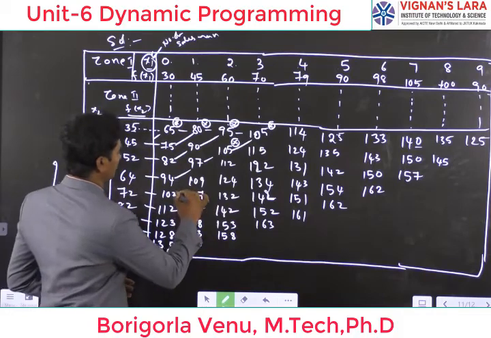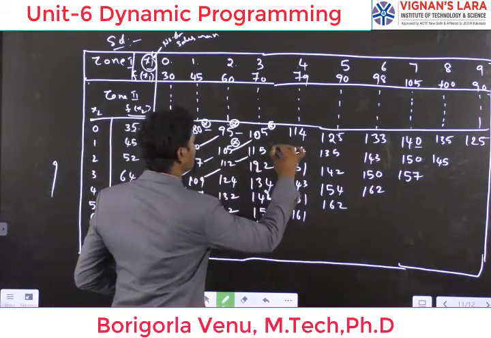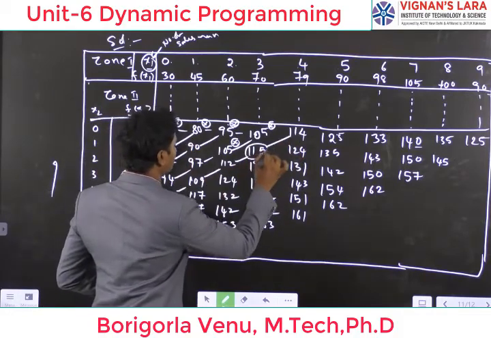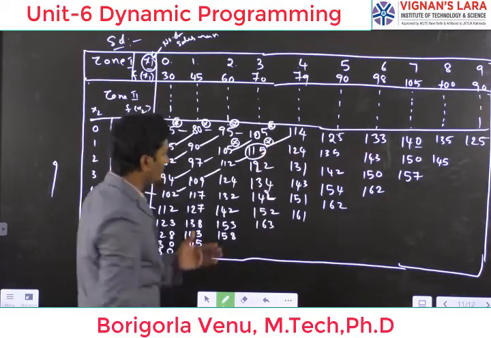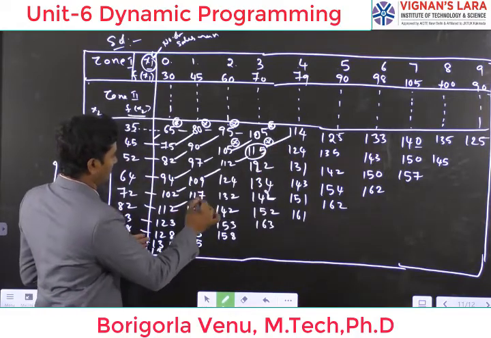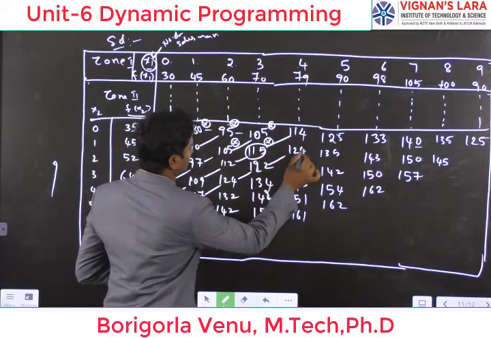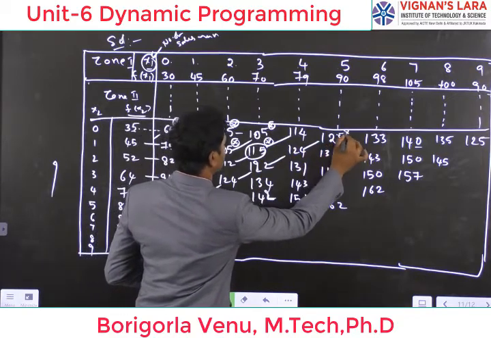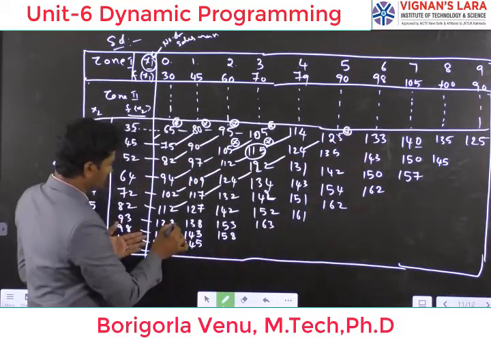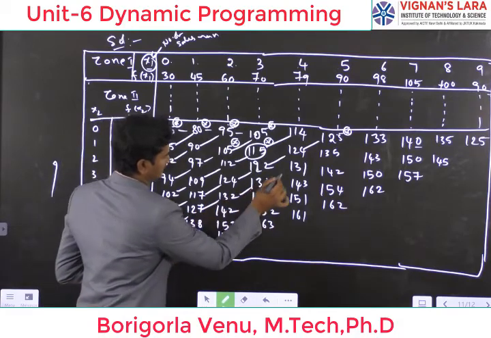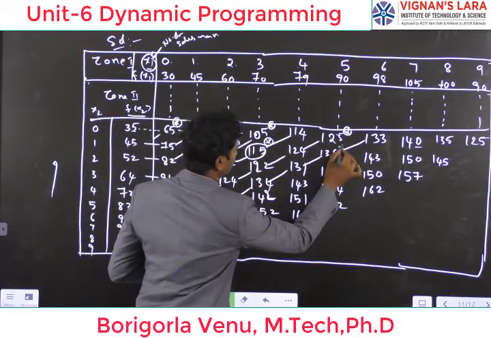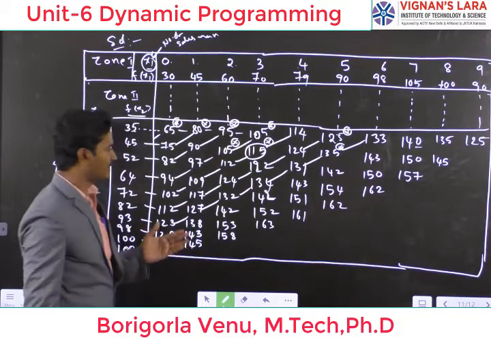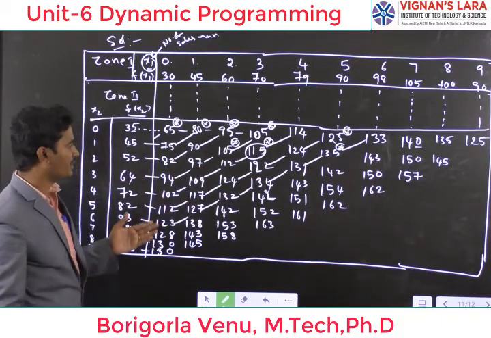Similarly, in the next diagonal, the maximum is 115. For the further one, we are going to take 125 as the maximum. Like this, every stage we have to take. 135 is the maximum. These are the roads we are going to identify.